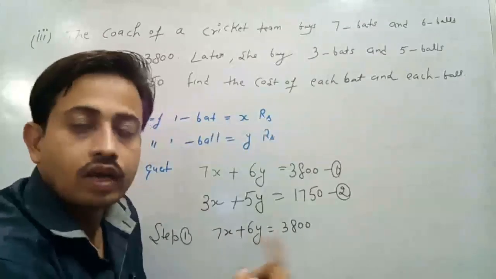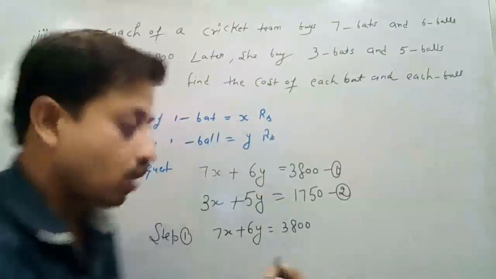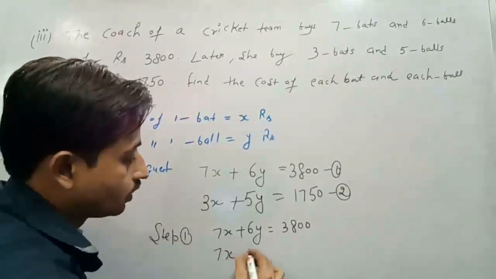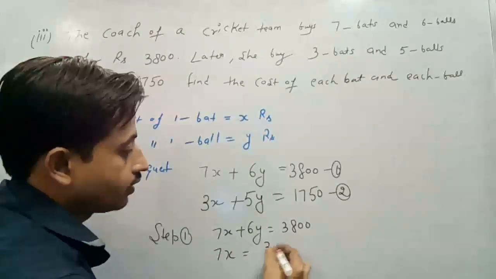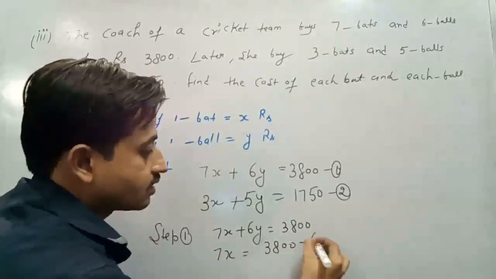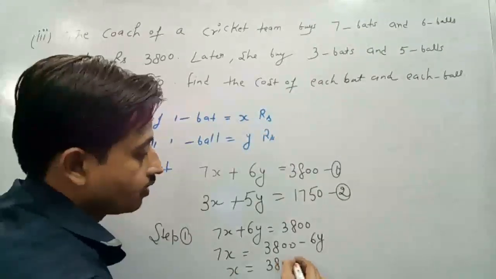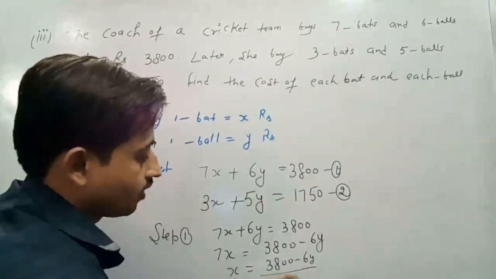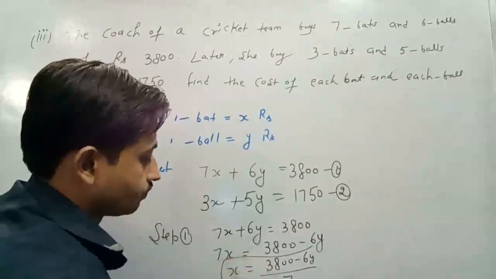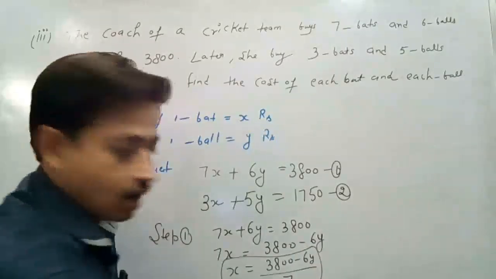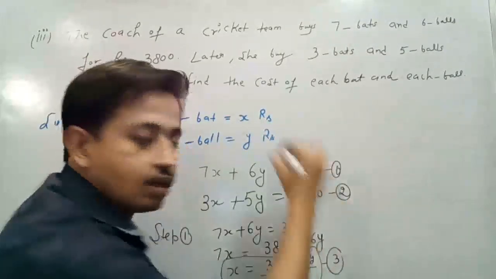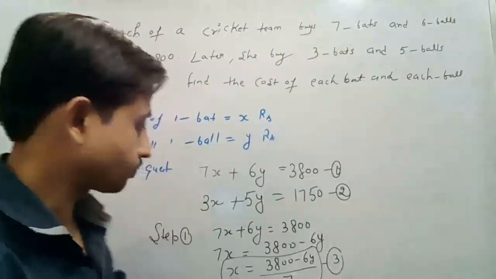I am going to calculate the value of x in terms of y. Then what do we have to do? I am going to take this 6y on the right hand side. Now x becomes 3800 minus 6y divided by 7. I am going to take this as the third equation.